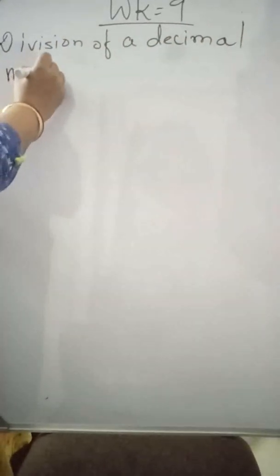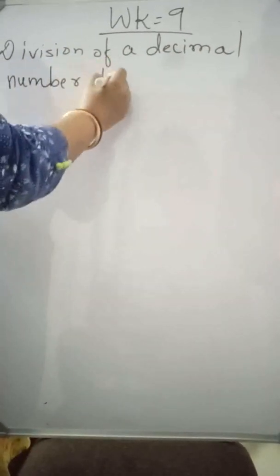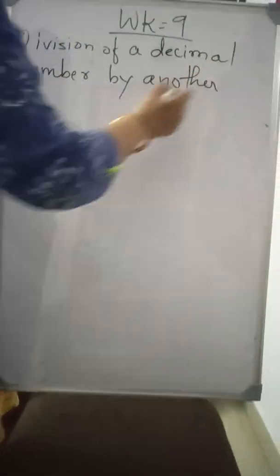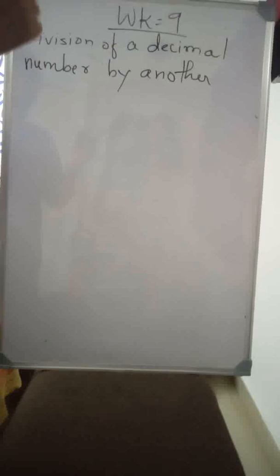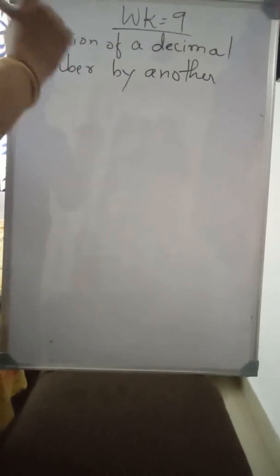Now let us start worksheet number 9. Here the topic is division of a decimal number by another decimal number. Till now I have told you how to do division by a whole number.